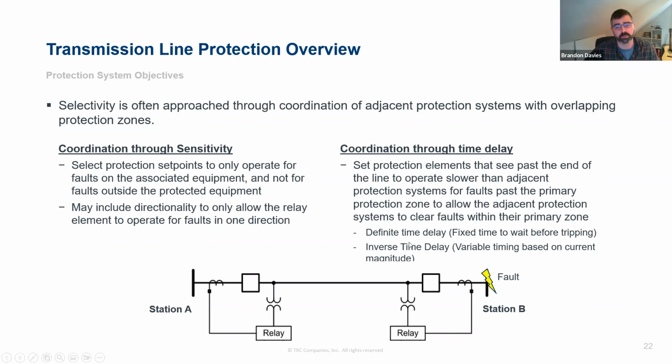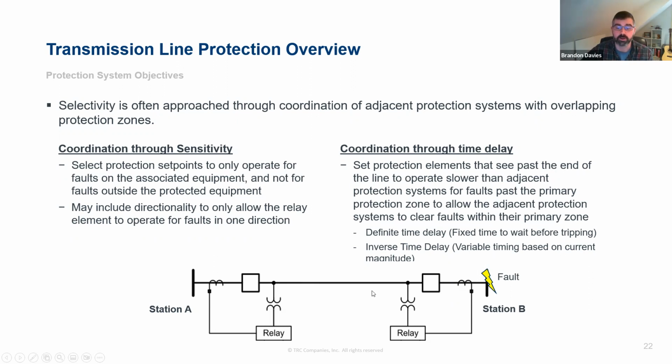presentations last week and the week before, is using an inverse time delay. So basically we adjust the timing of the relay based on the magnitude of the fault current the relay is seeing. If the relay sees a higher current, which is more common for a fault closer to the relay, it'll operate faster.